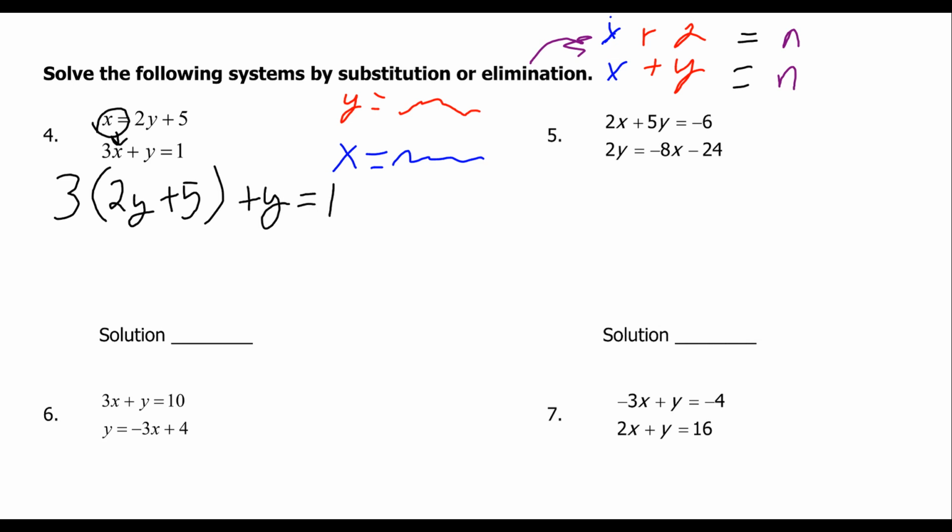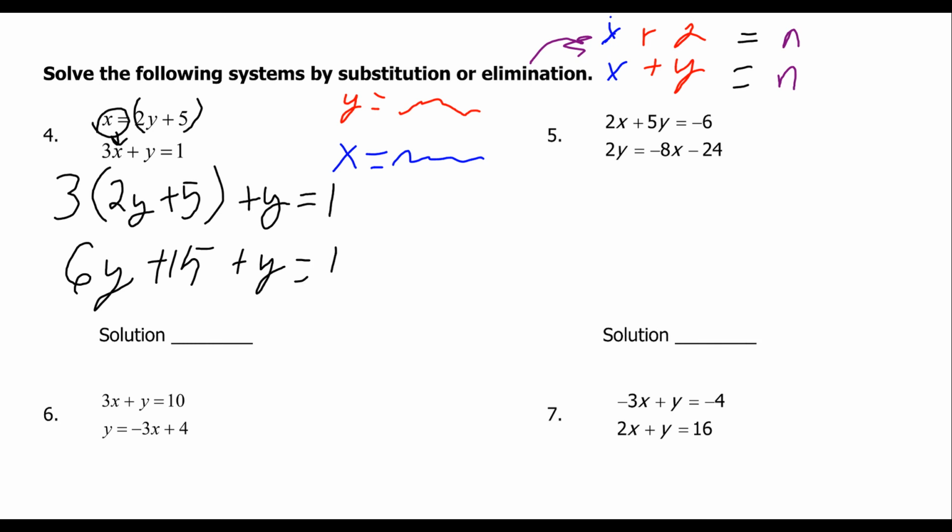So I packaged this part up and plugged it right in for x. Now I take this 3 and distribute it across, and that's going to be 6y plus 15 plus y equals 1.